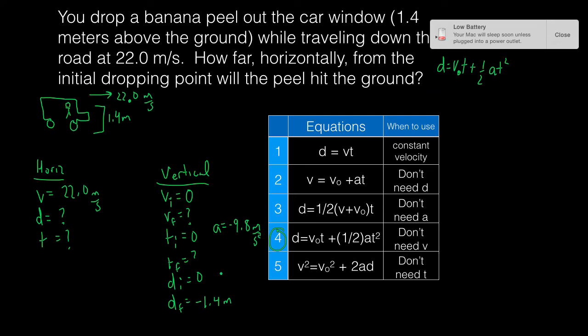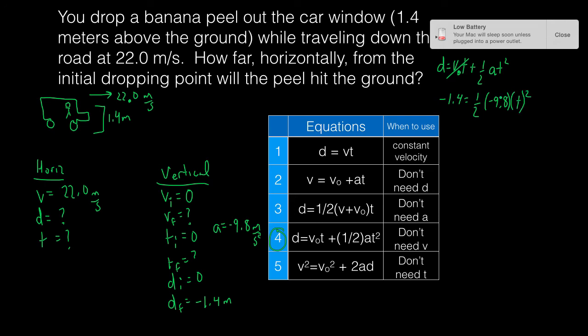Our displacement was negative 1.4, so minus 1.4 is equal to our initial velocity vertically, which was 0, so we leave that term out. We've got 1/2 times negative 9.8 times time squared.